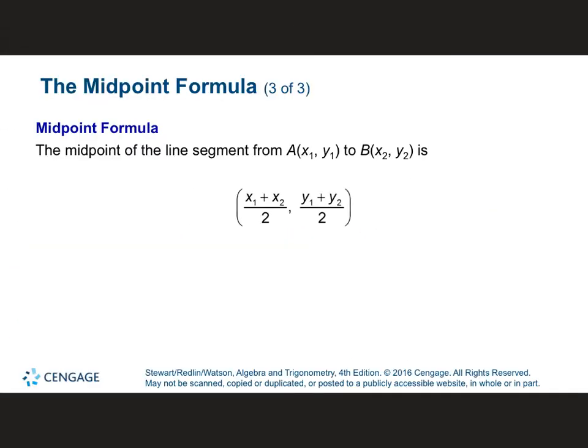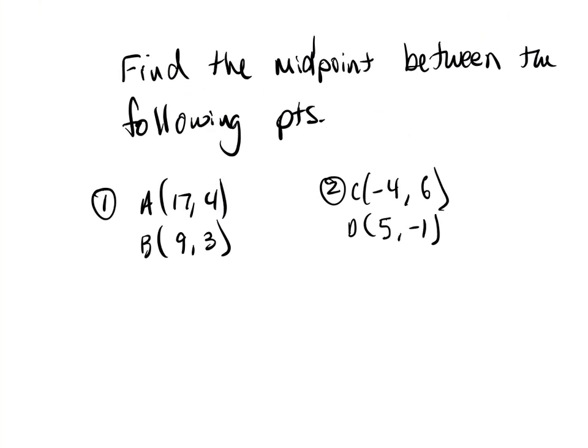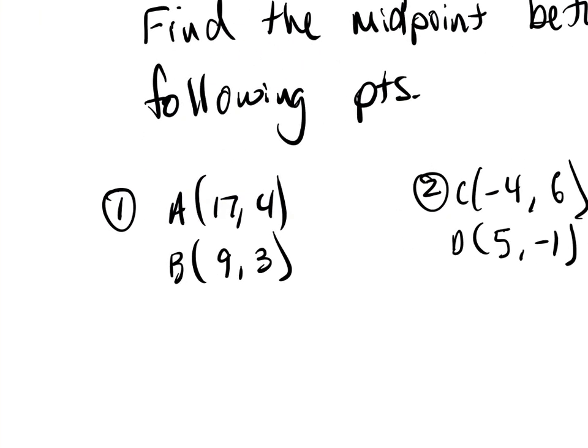With the midpoint, that's when you find the middle of 2 points. We just use the formula the sum of our x values divided by 2, comma, the sum of our y values divided by 2. So if we were finding the midpoint between these 2 points, for example, 1a, we have a is 17, 4, b is 9, 3.